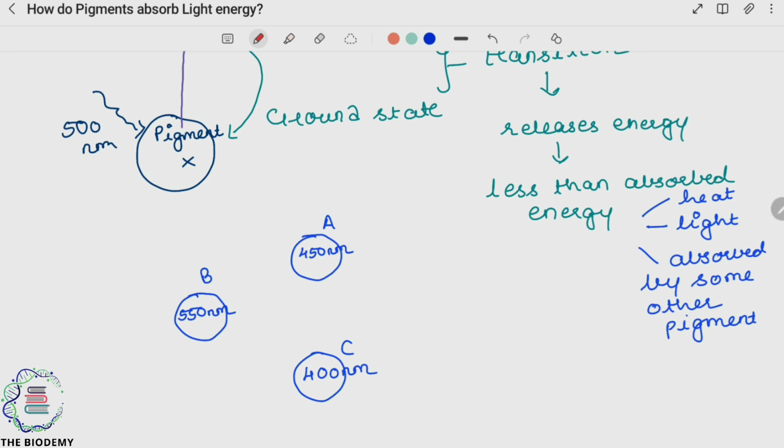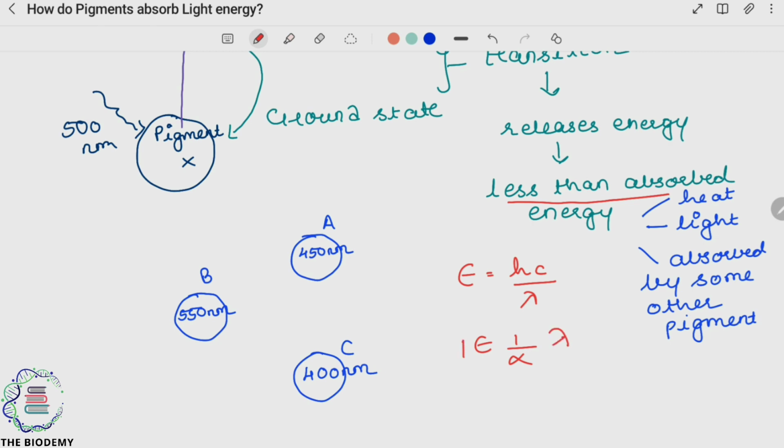So your immediate thought would be that as the energy which is released is less than the absorbed energy, energy could either be transferred from pigment X to A or C. But remember your law in chemistry. In chemistry you have studied that E is equal to hc by lambda. That is, E is going to be inversely proportional to lambda.